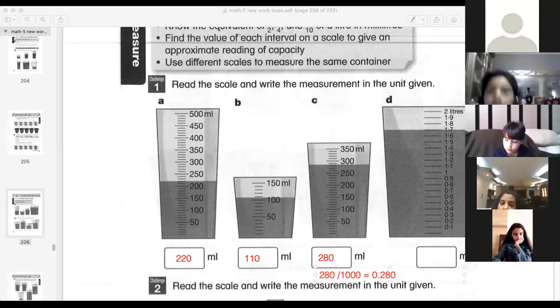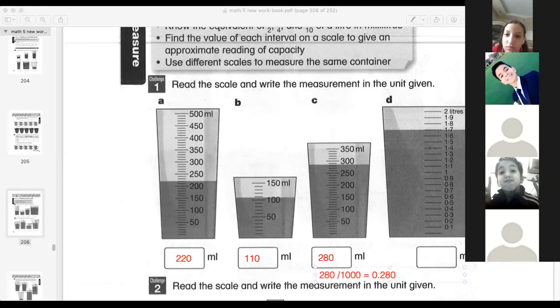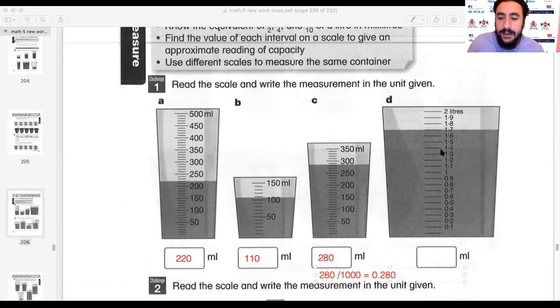Now I'm going to take Habiba. Habiba, are you ready? Yes. According to letter D, 0.1, 2, 3, 4, 5, and so on. This is 1 point what? 7.